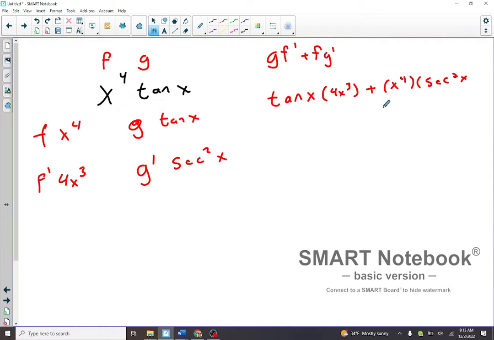Not much you could do to help it out, so I'm just going to rewrite it to make it a little nicer, but that'll be it. Basically testing if you remember your product rule from yesterday, or from last quiz, and you know your tangent, your trigs.